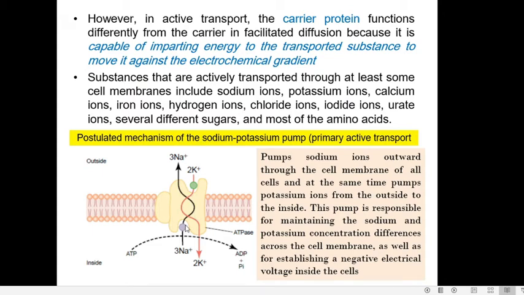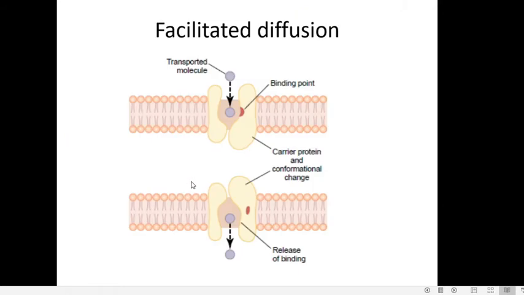So in this case, it is capable of transferring energy to sodium or potassium to move against the concentration gradient, against the electrochemical gradient. But in facilitated diffusion, as we saw earlier, this is not deriving energy from ATP hydrolysis or anything, and it is not imparting energy to this molecule, but it is only creating a way for this molecule to be transported to the other side of the membrane.